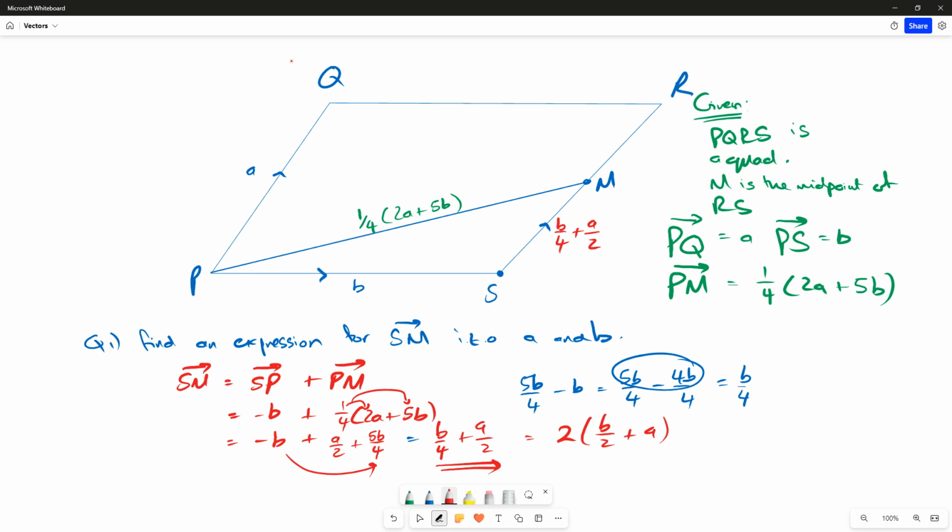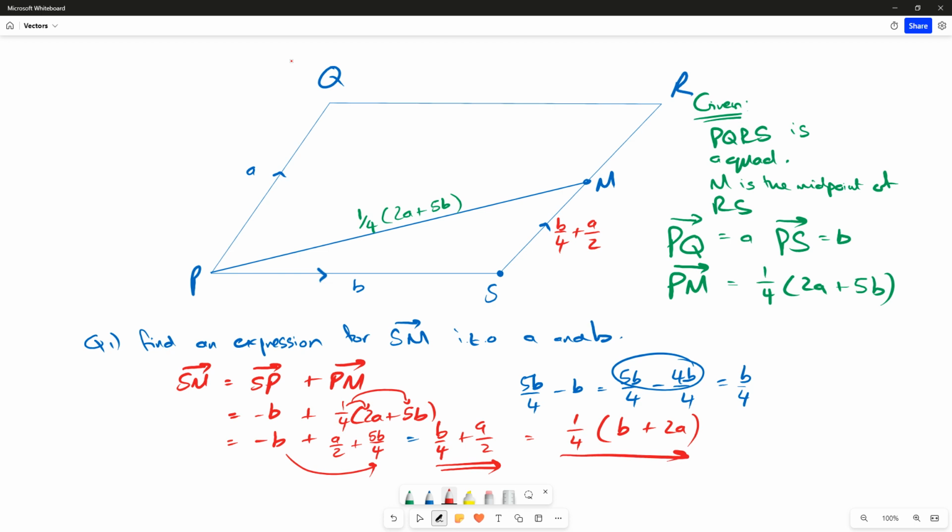Because 2 times that will be b over 4. No, that's going to be 2 over 8 plus a. No, we can't. We have to take out a 1 over 4. And we'll have b plus 2a. There we go. Because a quarter b there, and half of a quarter, 2 times quarters is a half. Done. So that's question 1.